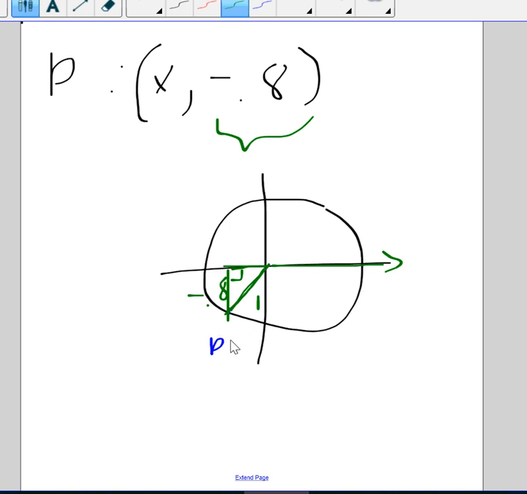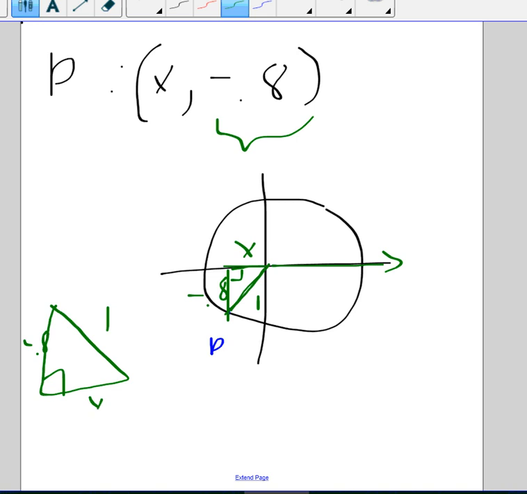And then we don't know the x-coordinate, which is going to give us the length of this remaining side. So that means that we know two sides of a right triangle, and we are missing the last one.